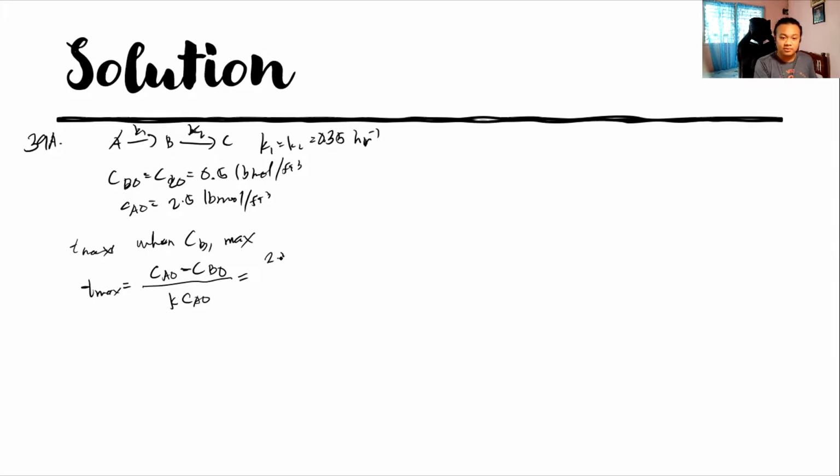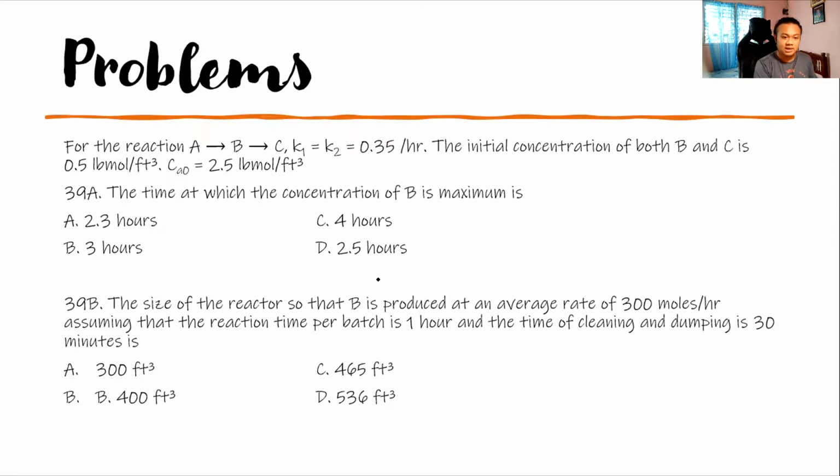So we have 2.5 minus 0.5 over 0.35 times 2.5, and that is equal to 2.3 hours. Okay, that's letter A.